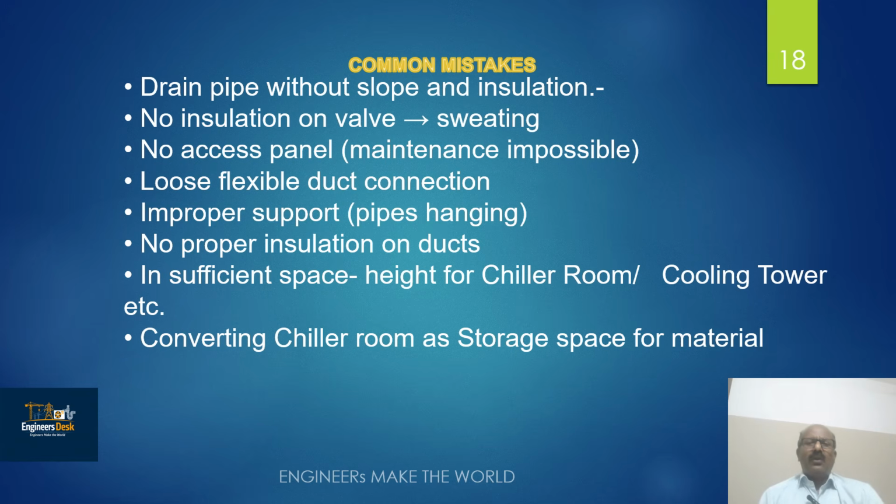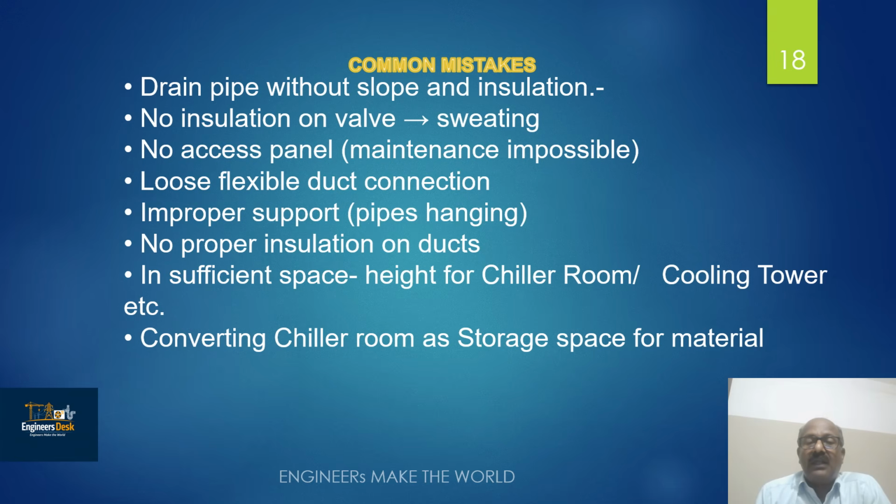If we discuss the common mistakes that happen in HVAC systems: drain pipe without slope and insulation, which we already discussed. No insulation on valves: if proper insulation is not given to the valve, there will be sweating. No access panel for maintenance is very, very important.